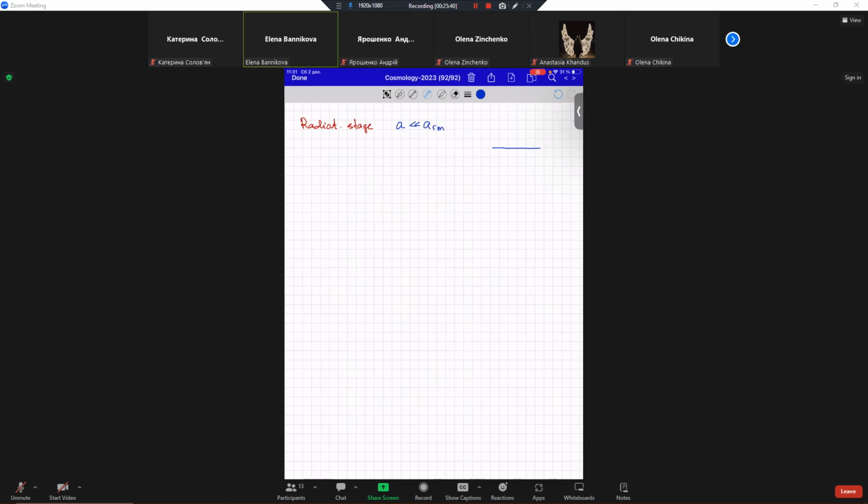Again, I will remind that if this is the scale factor, we speak about this being the radiation stage, this the matter stage, and we are, for example, here.